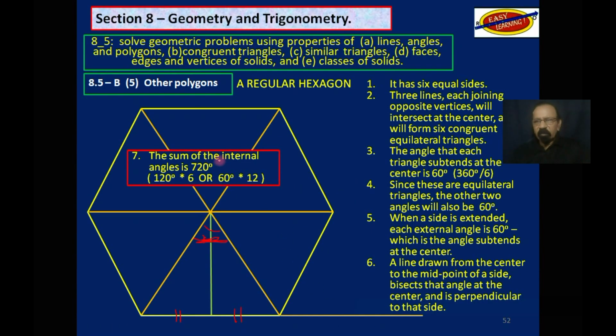The sum of the internal angles is 720 degrees. That is to say, that is 120 and you have 6 such angles. Or you could look at this one as 60 and there are 12 such angles.